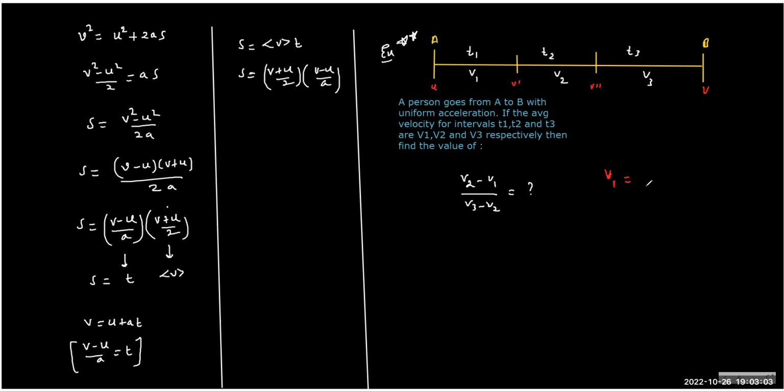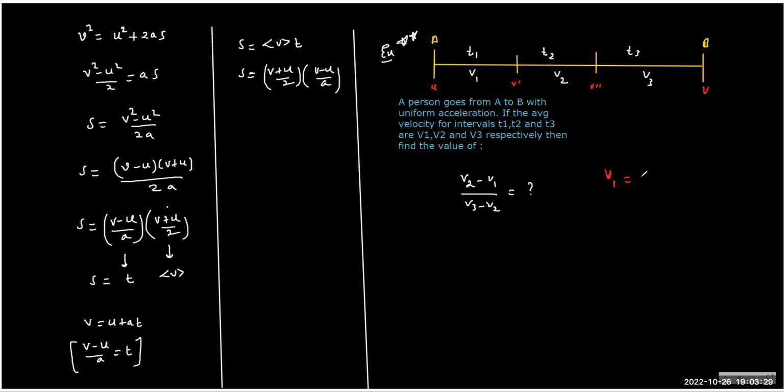Siddhant, tell me. The average velocity for any uniformly accelerated motion is the arithmetic mean of the initial and the final velocity. Once again, the average velocity of any uniformly accelerated motion is the arithmetic mean of initial and the final velocity. So what should we write here?